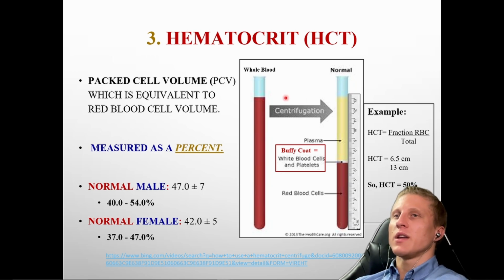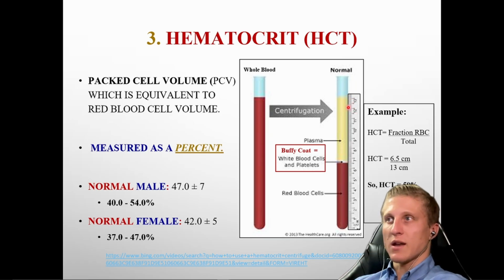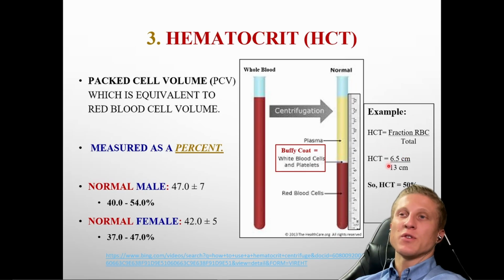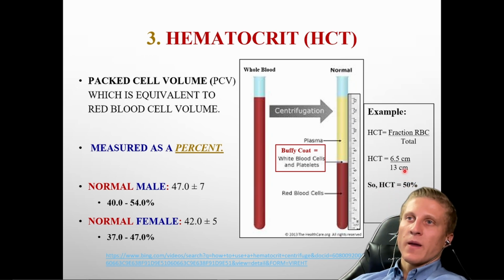So if we look at this little number over here on the side: if we want to calculate our hematocrit, our proportion of red blood cells to total blood volume, we'll take the proportion of this vial that is occupied by our red blood cells. In this case, we're going up to about the 6.5 mark on this vial, whereas our total blood volume in this vial is about 13 centimeters. So if we do 6.5 over 13, that's a perfect 1/2, which will be a hematocrit of about 50%.